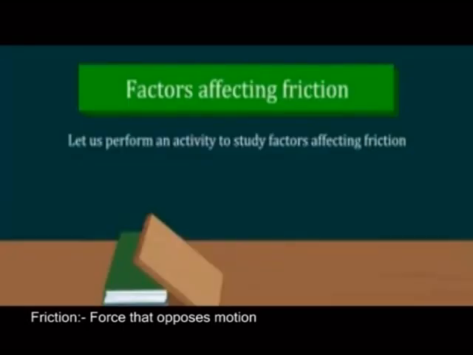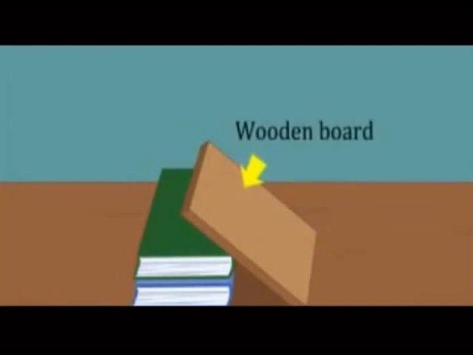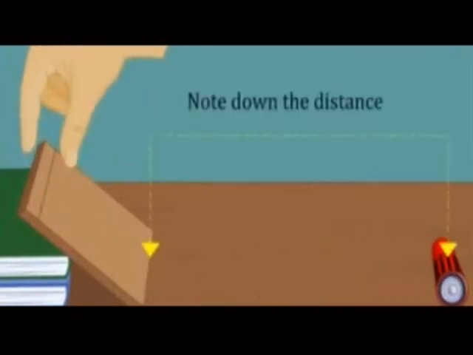What factors affect friction? We make an inclined plane on a smooth table, say using a wooden board supported by books. Put a mark with a pen at any point on the inclined plane. Now let a pencil roll down the plane. Note down the distance.